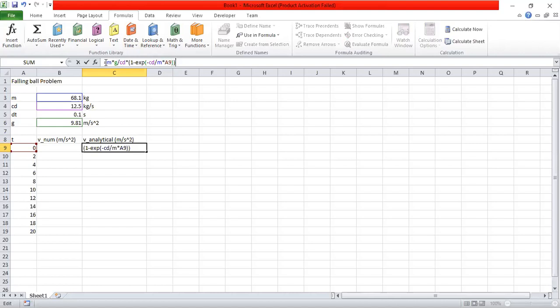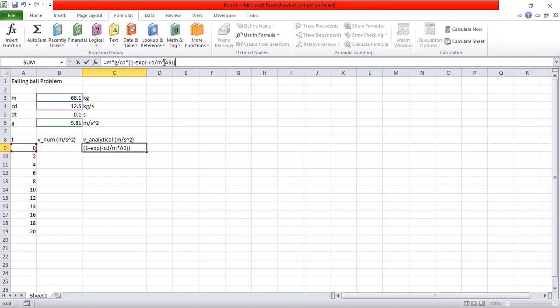This is the way we represent it in Excel. I'm very sure that you know how to use MATLAB, so it is the same syntax as MATLAB. So you convert the equation for the analytical solution into this form in order to be able to use it in Excel.